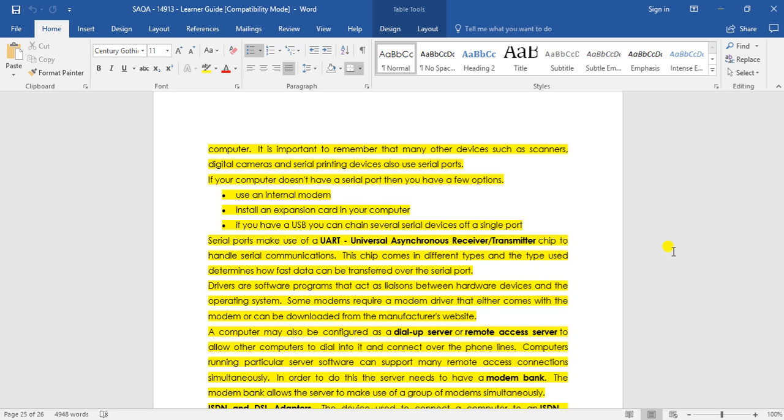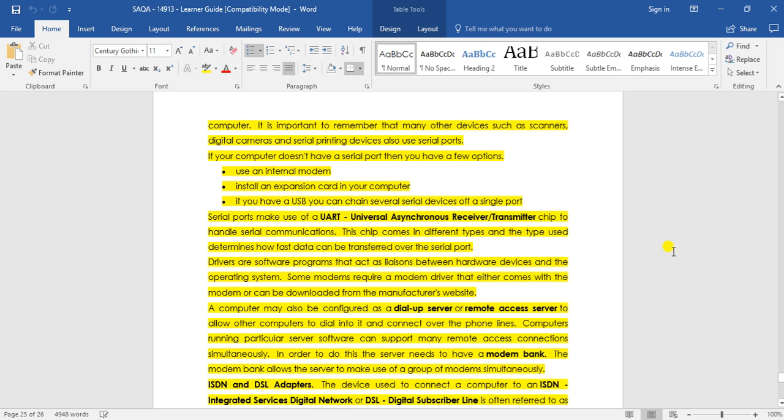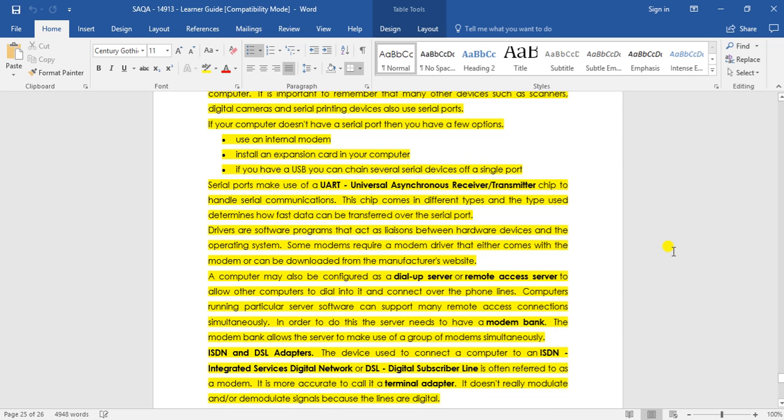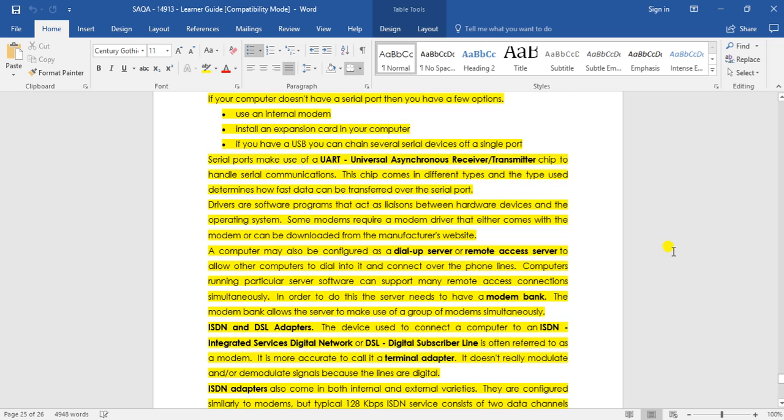Use an internal modem, install an expansion card in your computer. If you have a USB, you can chain several serial devices off a single port. Modems make use of a UART, universal asynchronous receiver and transmitter chip, to handle serial communications.